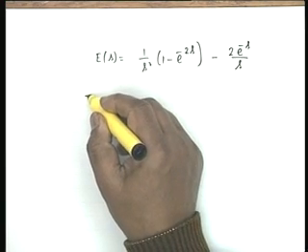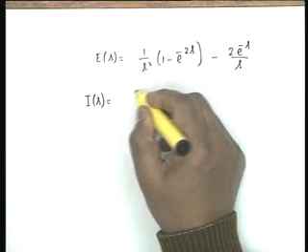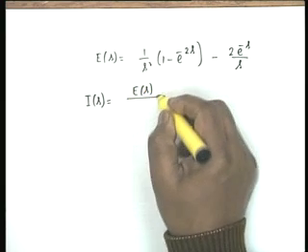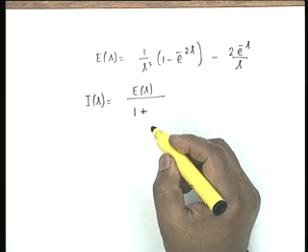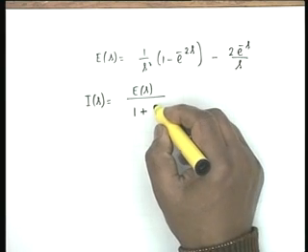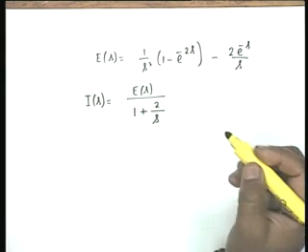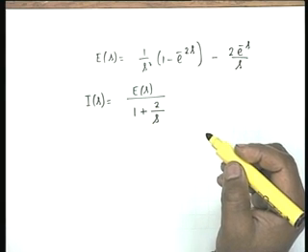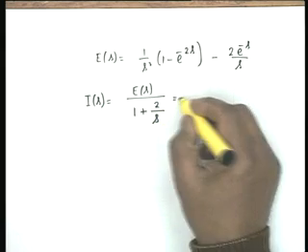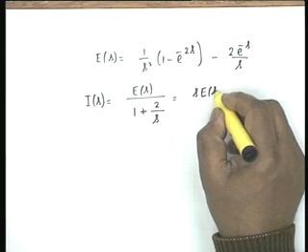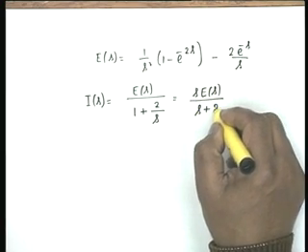Therefore, the current transform would be E of s divided by 1 plus 1 by SC, that would be 2 divided by s. Agreed? This is the impedance, a 1 ohm resistor and a half farad capacitor. So, this is equal to s E of s divided by s plus 2.